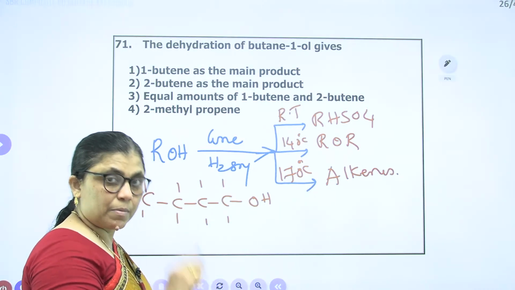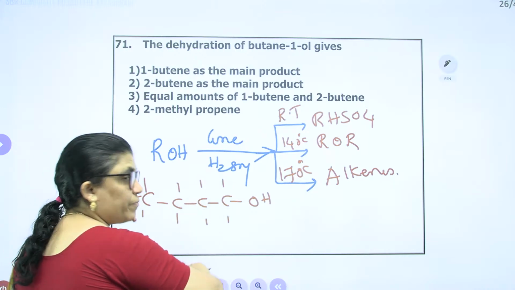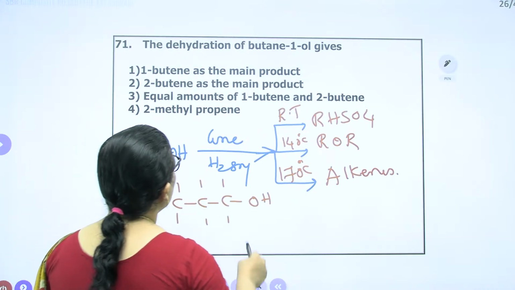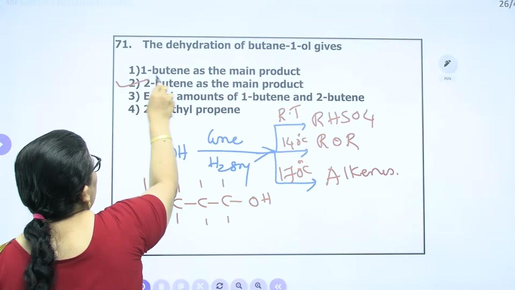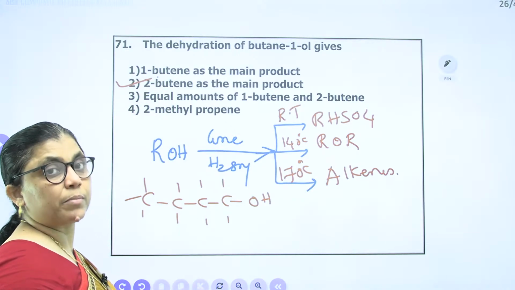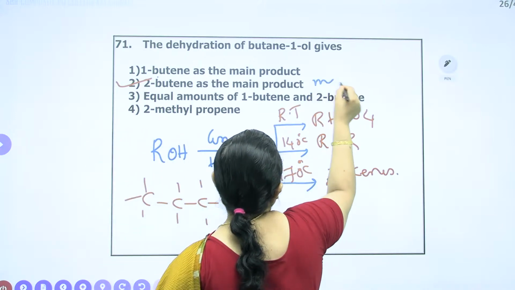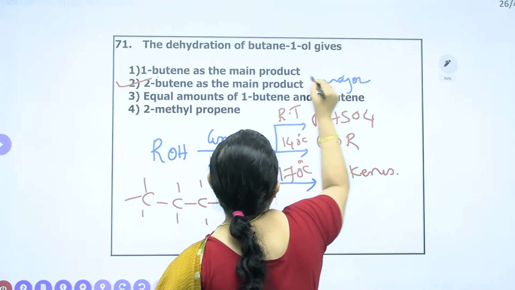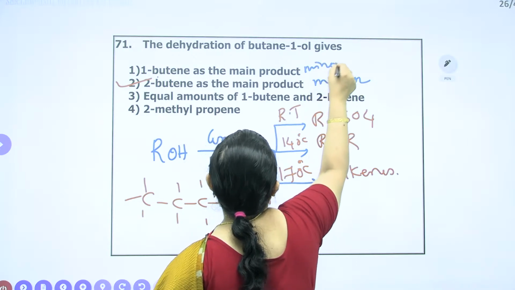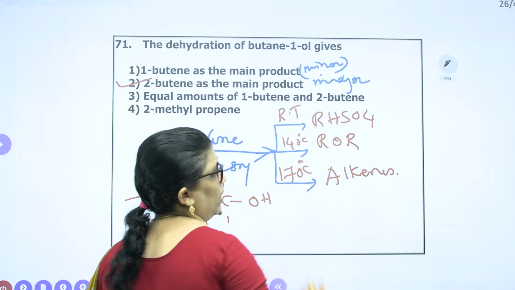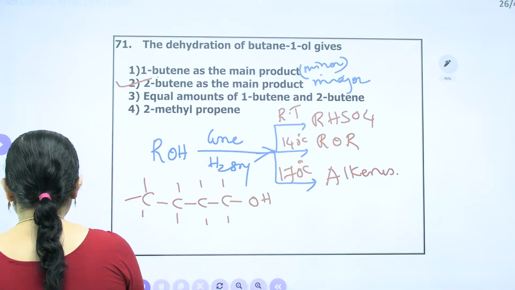But remember, hydride shifting can be possible to get the major product as 2-butene. 1-butene will be the minor product. We cannot say equal. One will be major, one will be minor.